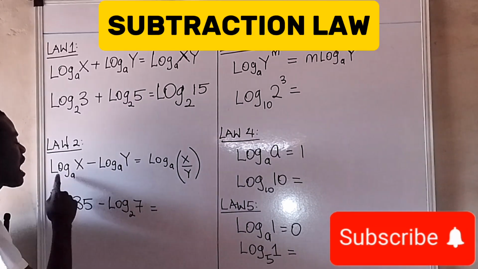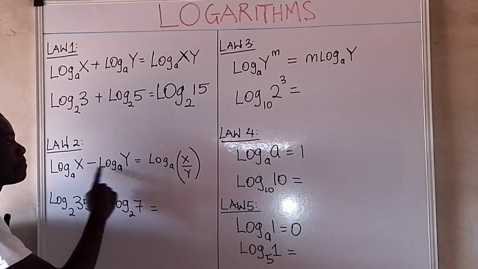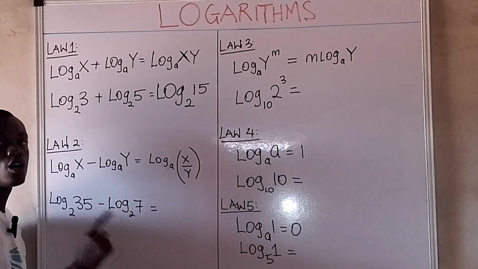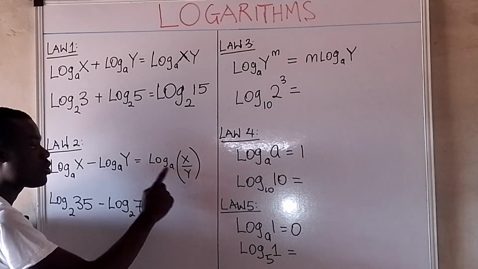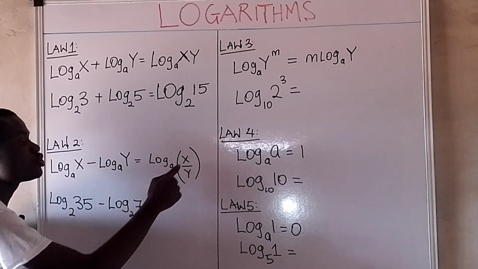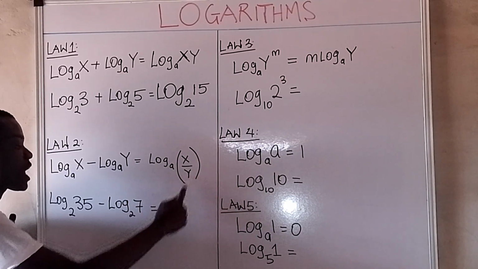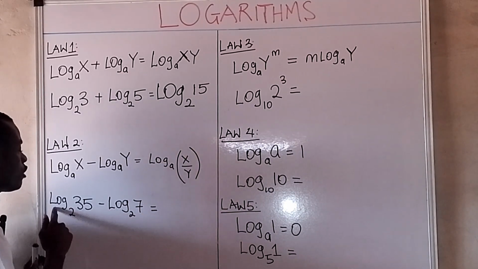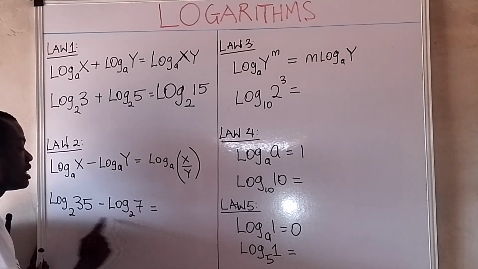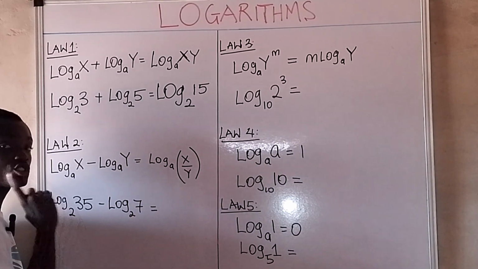Coming to the second law, which is called the subtraction law. In this case, where we have log x to the base of a minus log y to the base of a, if the bases are similar, we are going to pick one, log a. In this case, we are going to divide these individual numbers, so it's going to be x divided by y. Now, coming to this question, we have log 35 to the base of 2 minus log 7 to the base of 2. The bases in this case are similar, so we are going to take one.